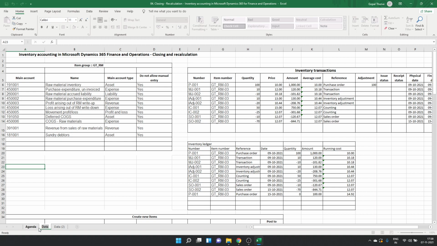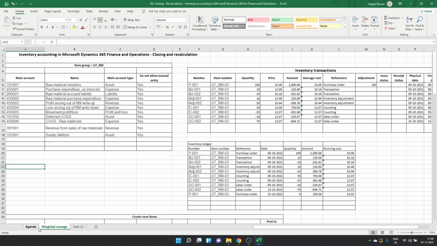I will say this as weighted average. So when we close the inventory for an average valued item, what will happen?